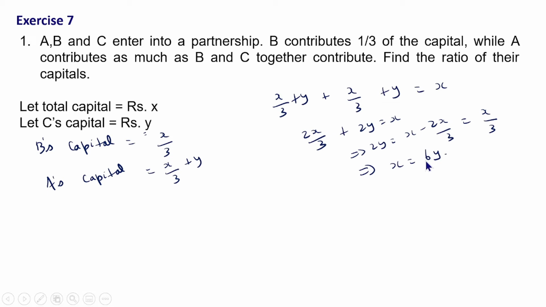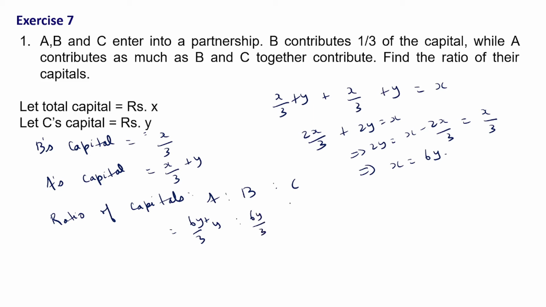Now we have X is equal to 6y. So the ratio of their capitals is A is to B is to C. This is equal to A's capital, which is 6y by 3 plus y, then B's capital, which is X by 3, and X is 6y, so it is 6y by 3, and C's capital is y.